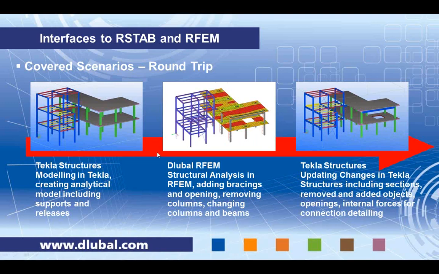So it's linearly displayed, but basically it's a circle. So this is one process we can add, for example, in the interface during the work inside Dlubal. We can add bracings, we can add openings, we can remove or change columns, we can change cross sections, and we can do those updates.